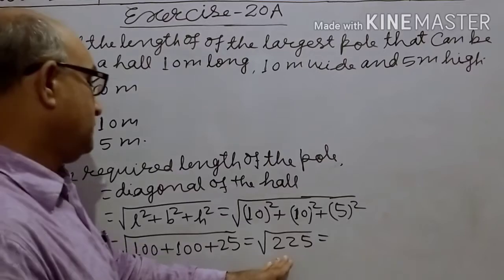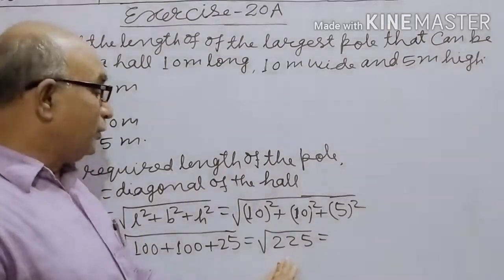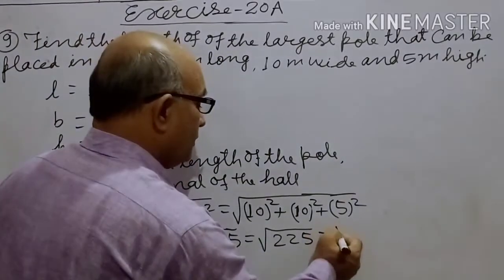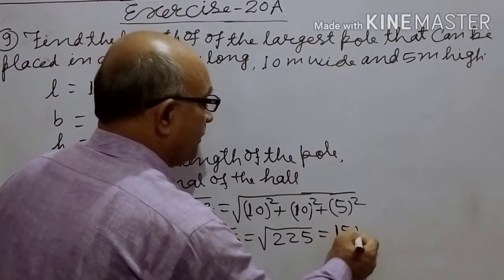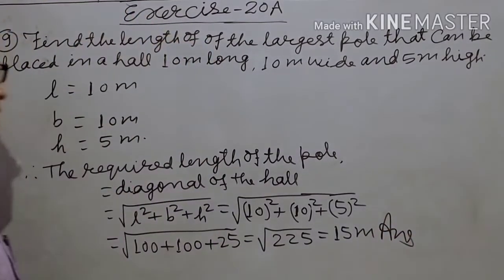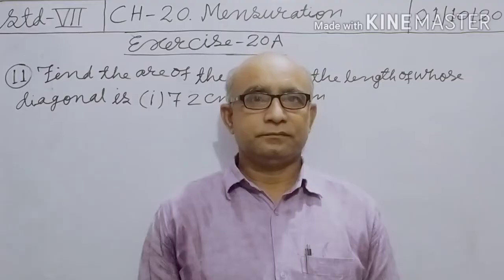Students, the square root of 225 is 15. So the length of the required pole will be 15 meter. Answer. Understand and write it.